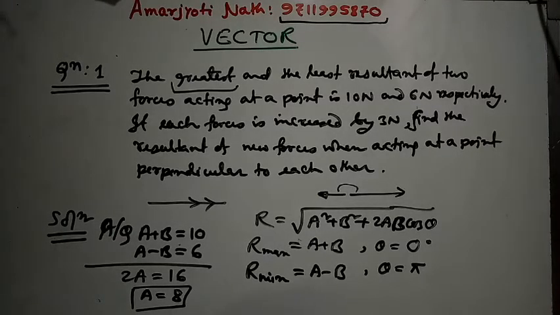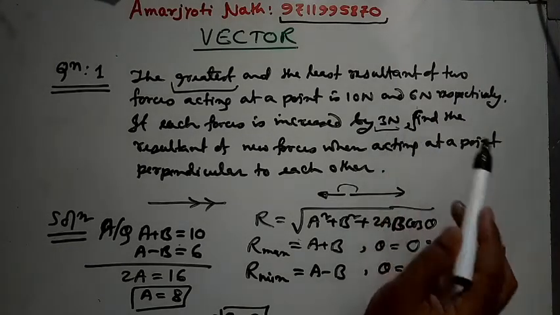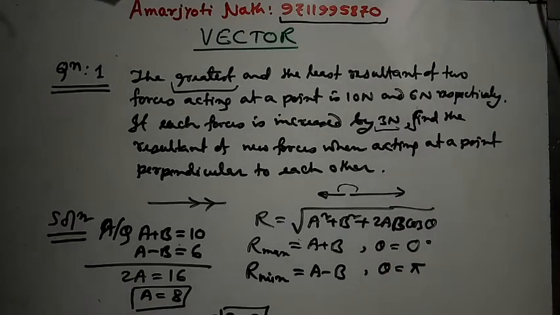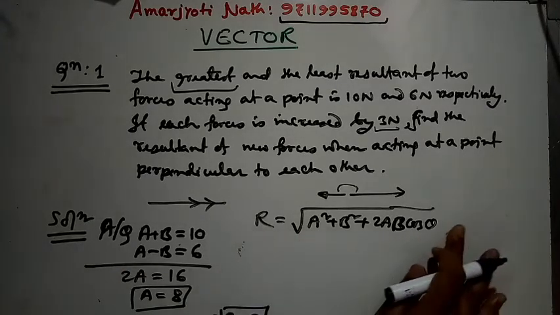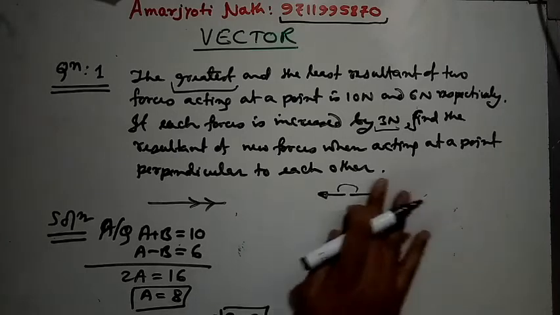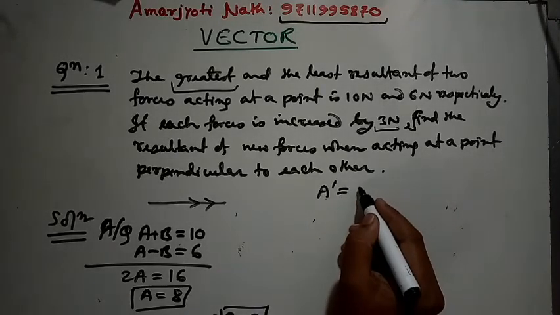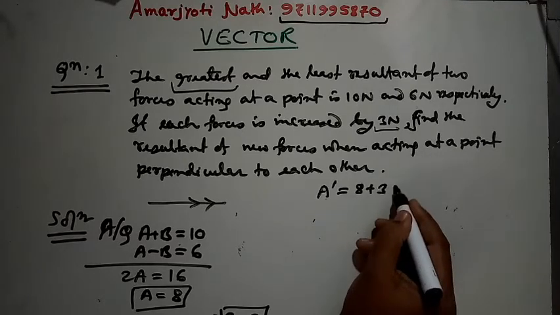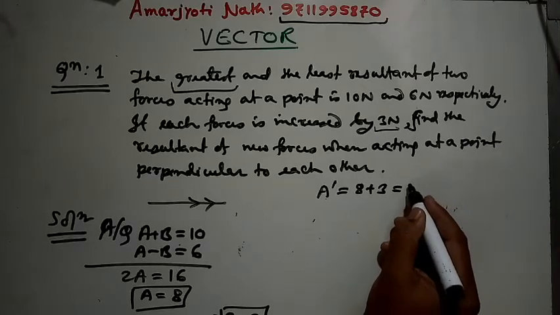The value of B is 2. Now I increase both the vectors by 3 Newton. So what will be the new vector? The new vector A dash will become 8 plus 3, which is 11.